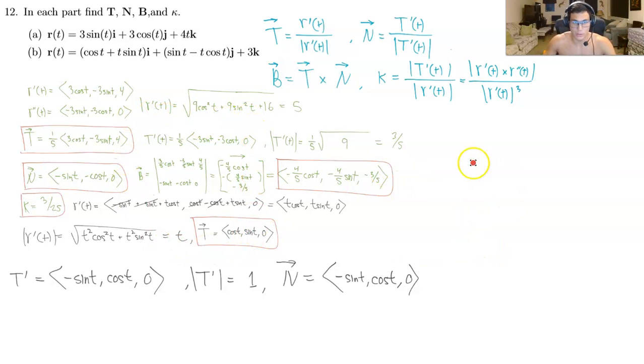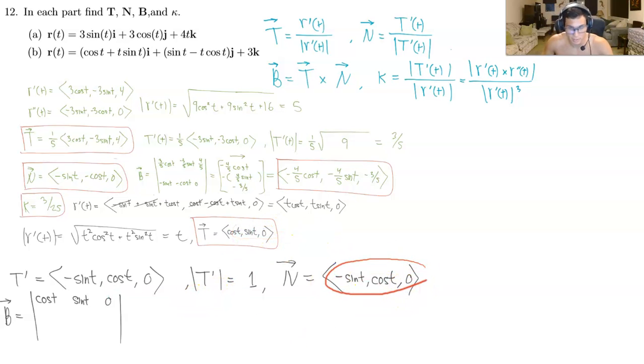Okay, let's find the binormal vector. Right? Okay, so what you do is you put T in here, which is cosine t, sine t, 0, remember, this guy. Then you put this guy in here, so negative sine t, cosine t, 0.